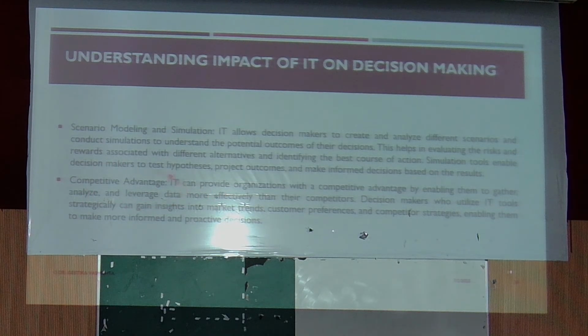How you can get competitive advantage? By enabling them to gather, analyze, and leverage data more effectively than the competitors, using IT tools strategically to gain insights into market trends, customer preferences, competitor strategies, and even managing customers, interacting with customers, and enabling them to make more informed and proactive decisions.